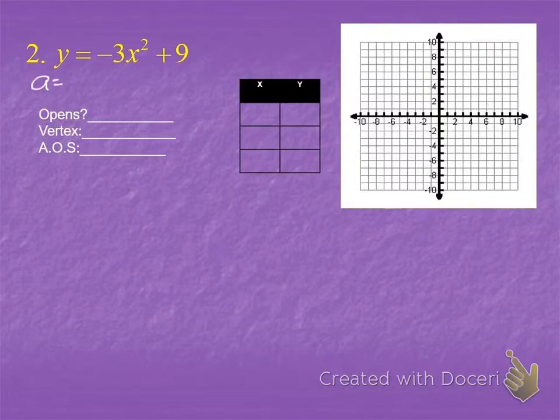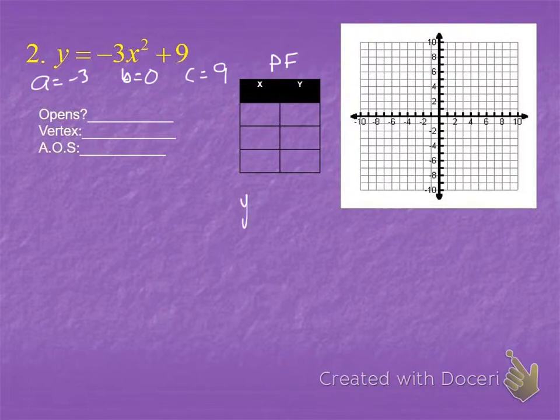A is negative 3, right. B is 0, right? C is, right, 9. Okay? So there we go. All right. We need to know what the parent function looks like. So we're going to create a parent function xy table.